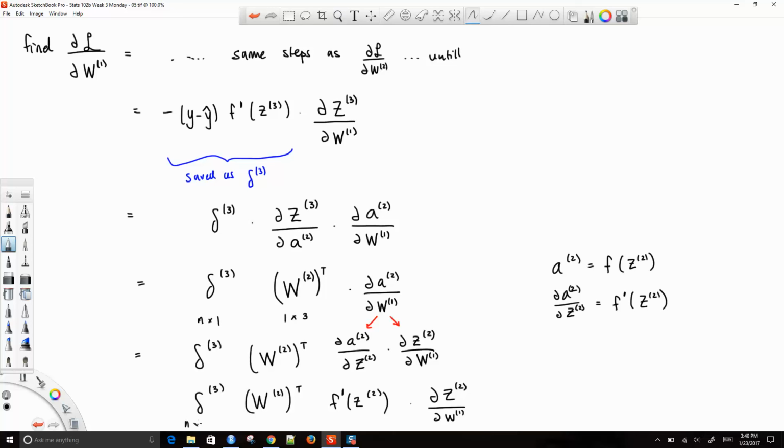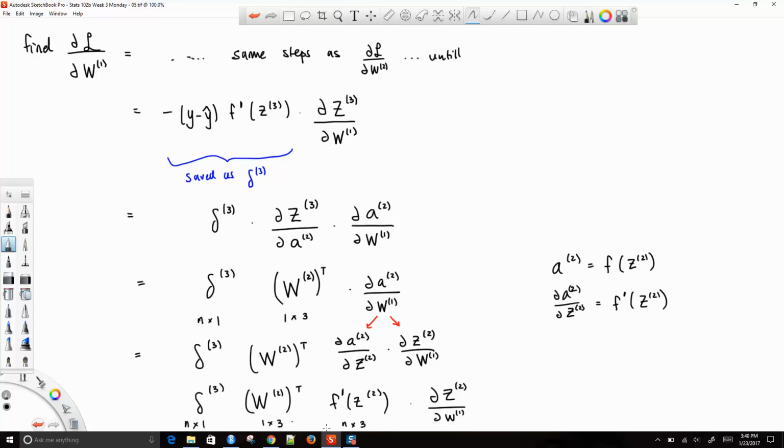This is n by 1, this is 1 by 3, and then f prime of Z2, let me think about this, Z2 is, I'm sorry, n by 3.